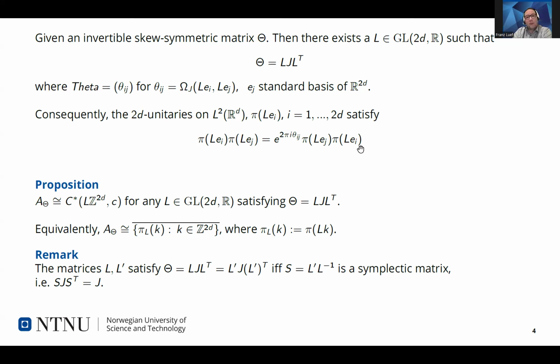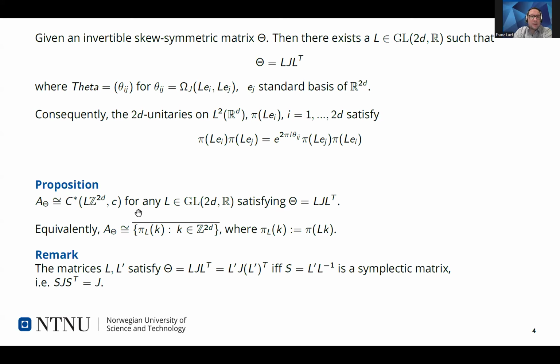And so if you then use these unitaries where you look at this Schrödinger representation of L_i and L_j, then this exactly satisfies the commutation relations that we want.